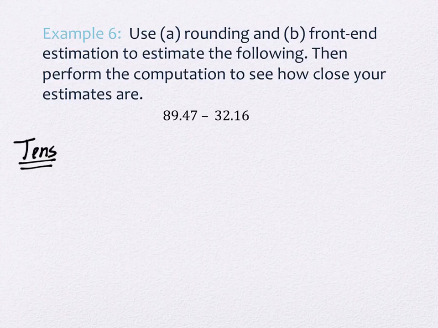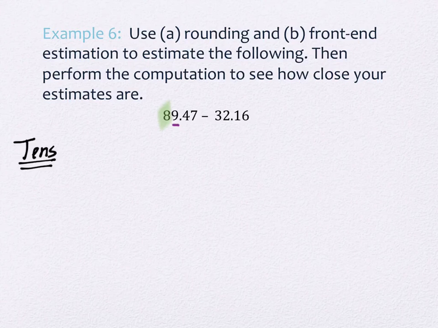So taking a look at the directions, it says use the rounding to estimate. So we're not going to do the problem and then round the answer. We're going to round the problem to find the answer, right? The whole goal with rounding is to make the computation easier to do. Okay, that's what our goal is here. So if I'm taking this right here, 89 and 47 hundredths, and I'm looking at the tens place, and I'm looking at the 9, what does that 9 tell me I'm going to do?